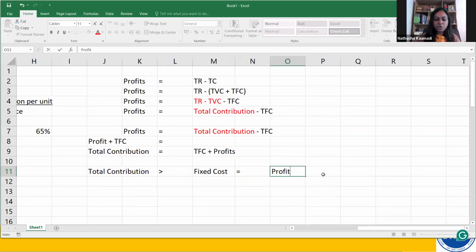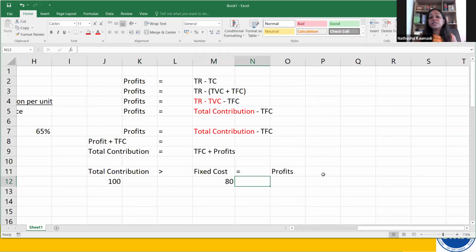Let's say your total contribution is 100,000 and your fixed cost is 80,000, then you have a profit because profit equals total contribution minus total fixed cost. What if your fixed cost is greater than your total contribution? What do you have?